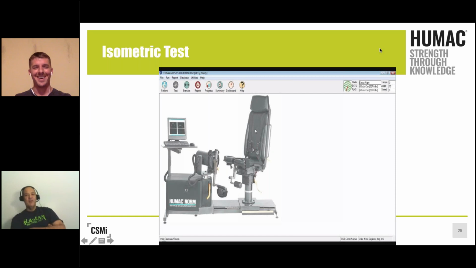It is safe because again, we do a warm up, we do a training program. They don't just walk in and load at a very, very high level of strength. And again, it's not a fast speed test. It's not an aggressive test for them. It's one that we're able to see whether or not they have functional motor control, both concentrically and eccentrically for function.